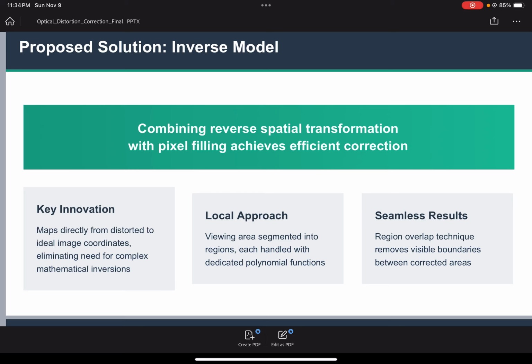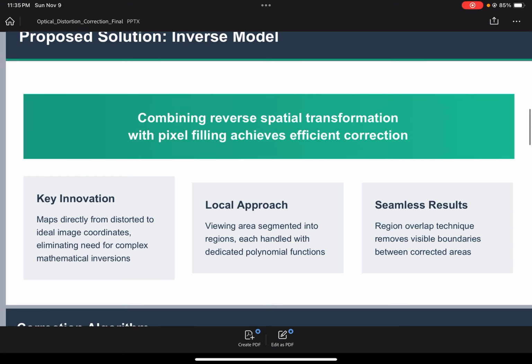modeling. It combines reverse spatial transformation with pixel filling to achieve efficient correction. So how do we solve this problem? The researchers propose using an inverse model approach that combines reverse spatial transformation with pixel filling to achieve efficient correction. The key innovation is in how they think about the problem.